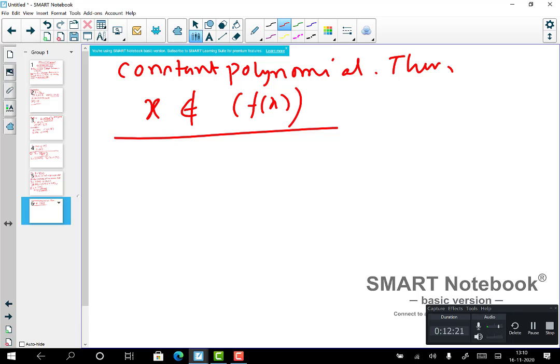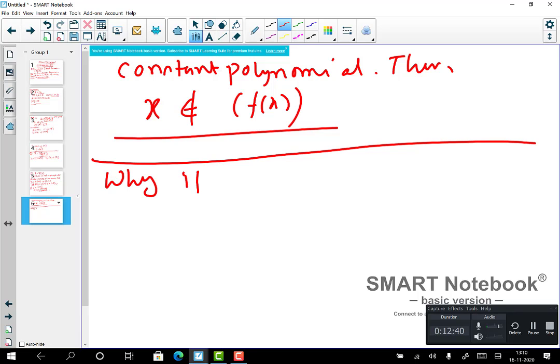See, the invertibility of polynomials is difficult here, because the coefficients are integers. So the question is, what happens if you change it, instead of integers, to a field?